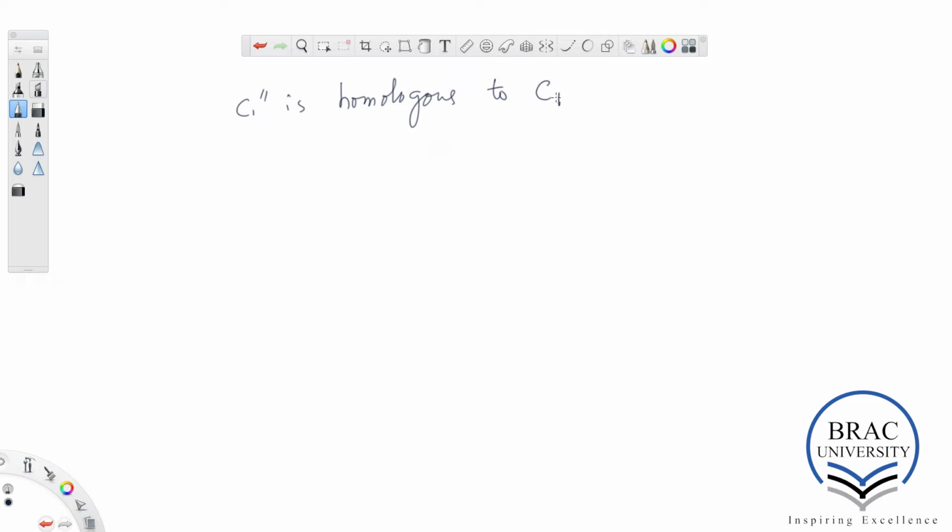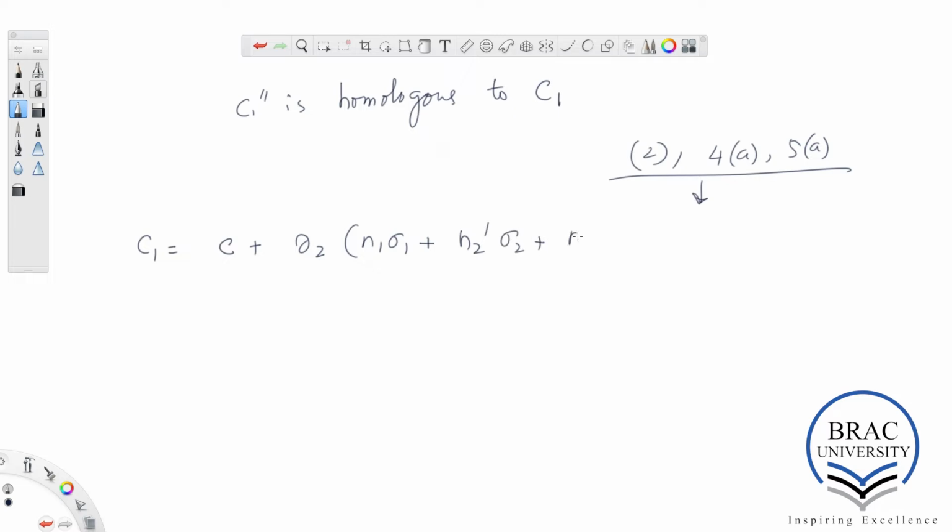So combining equations number 2, 4a and 5a, we can write C1 as C plus del 2 of n1 sigma 1 plus n2 prime sigma 2 plus n3 double prime sigma 3, where these three values are integral values. n1, n2 prime and n3 double prime are all integers.